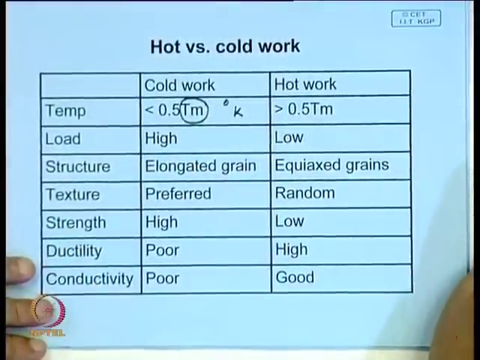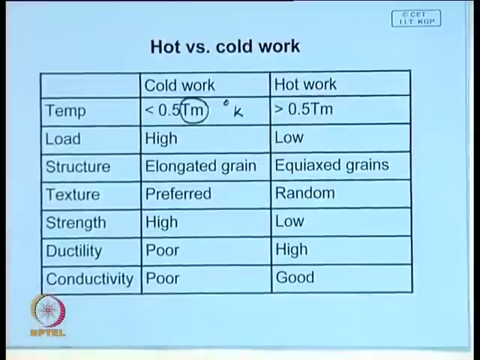And obviously, there are a few other points that come up. We know that the strength of a material decreases as you increase its temperature. Therefore, in hot working, the load that you need to deform the material will be very low, whereas in cold working the load increases, so the amount of deformation that you can give is very low and the load on the rolling mill will be very high.